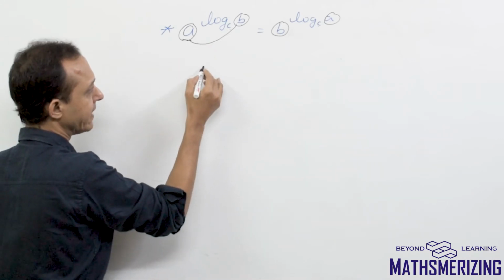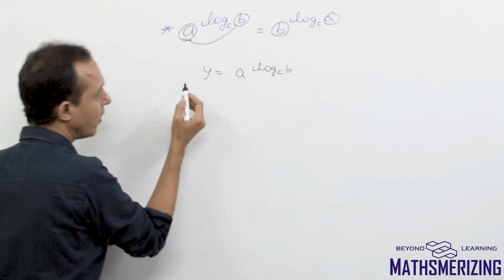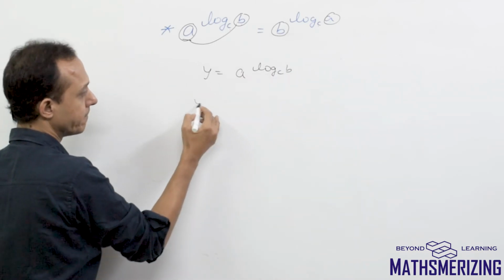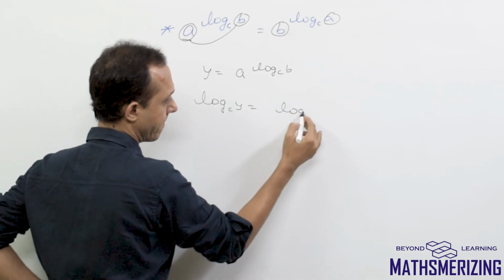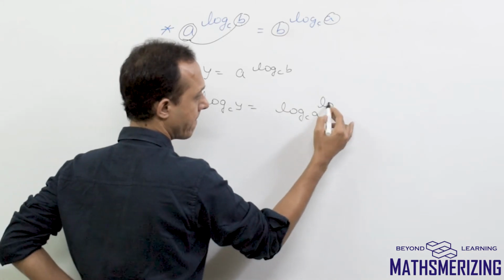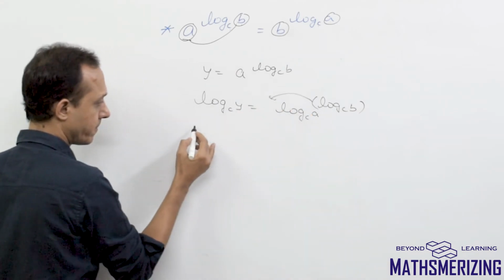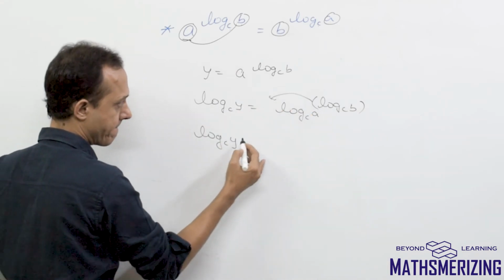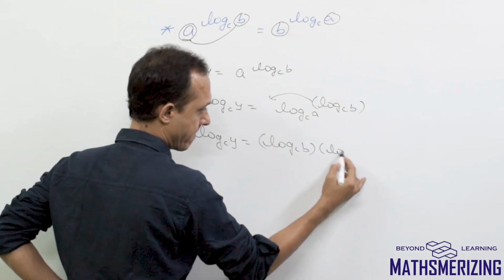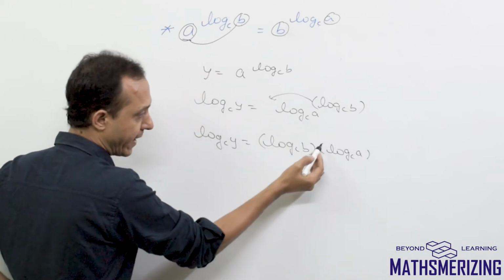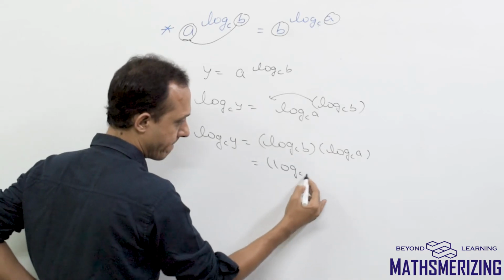Say for example, let this be y. Now I'll take log both sides to the base c. Now the power of a, we can take it out. Now I can take this number, I can also write it as log.